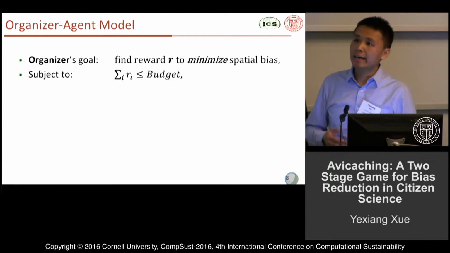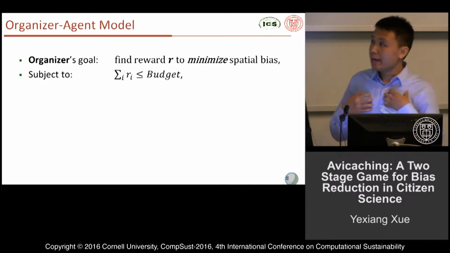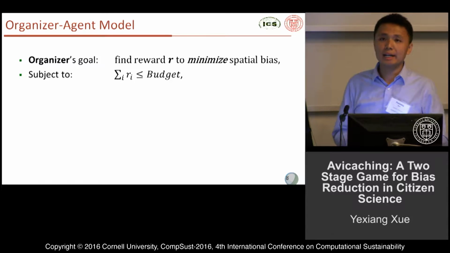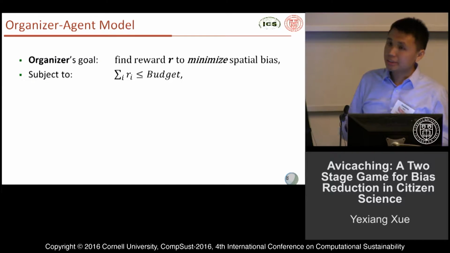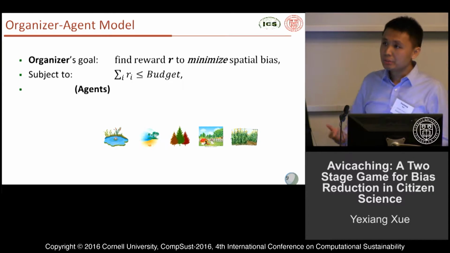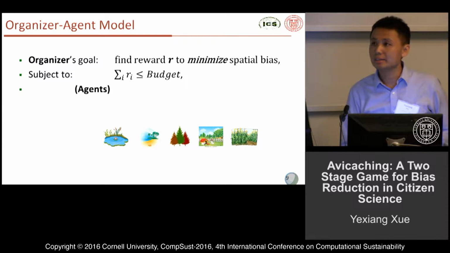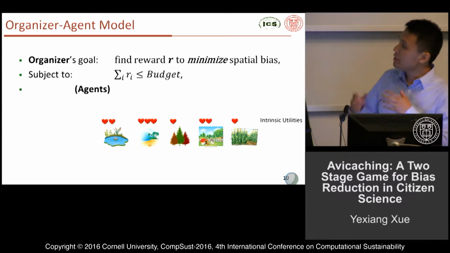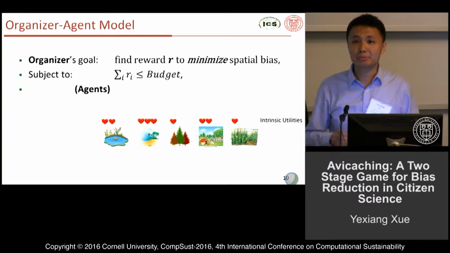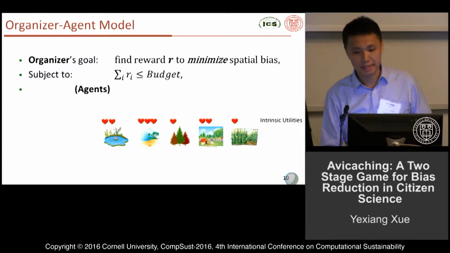This becomes a game between an organizer and a series of agents. So we, as an organizer, try to find a set of rewards that is going to minimize the spatial bias. And then the bird watchers are agents, and they see a set of locations. Each of these locations is associated with some intrinsic utilities for the bird watcher to go to this location.